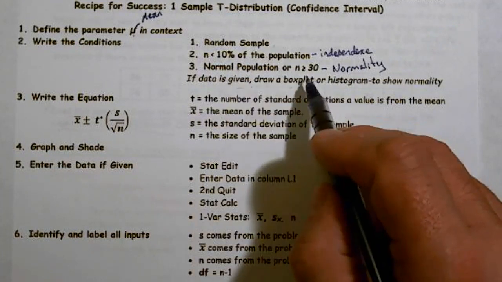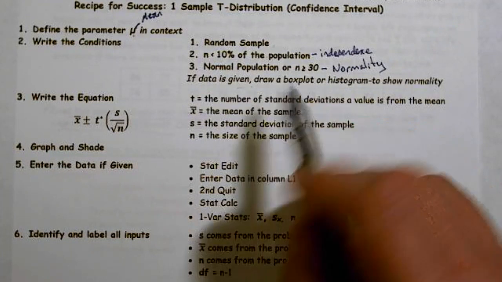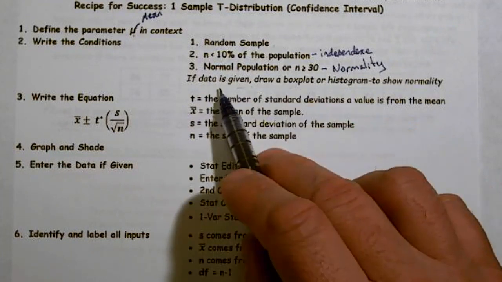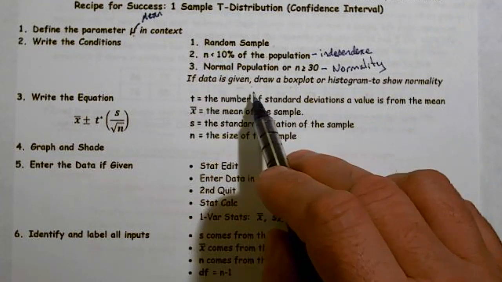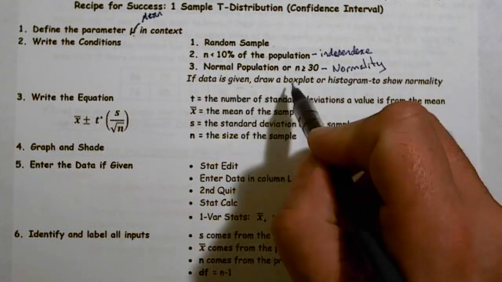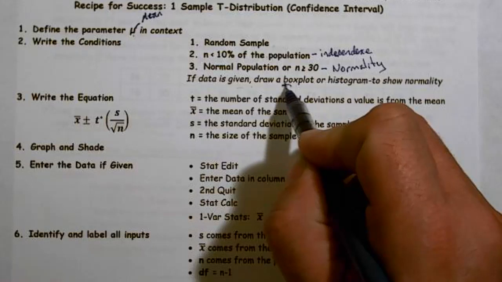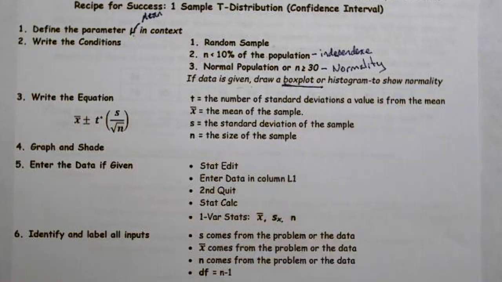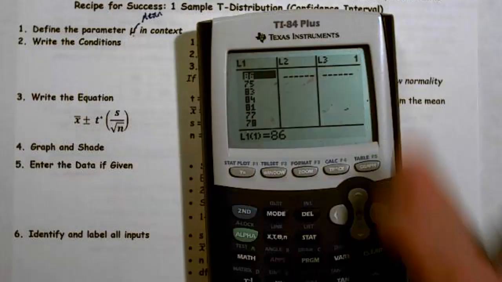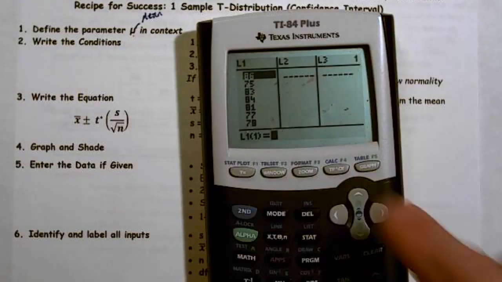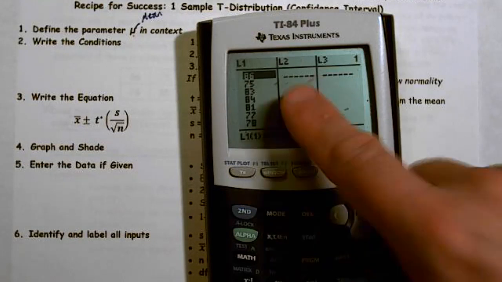Our sample size was 20, so it's not greater. So if they gave us data and it's less than 30, we're going to have to check it using a graphical method. I recommend using a box plot because box plots are so easy to draw. Okay, so here's the way you do that. We have our data. We've already entered it into the calculator.